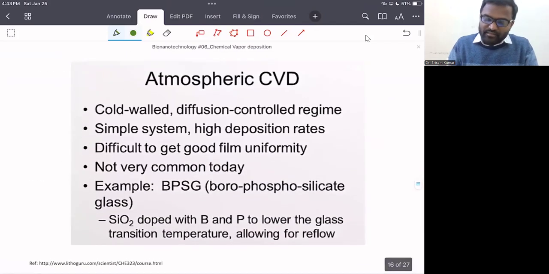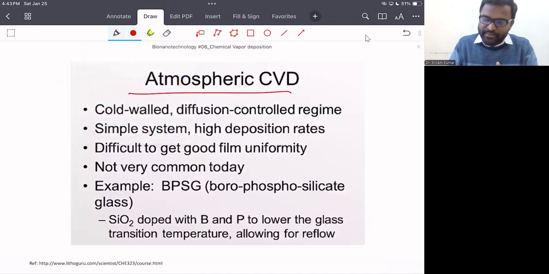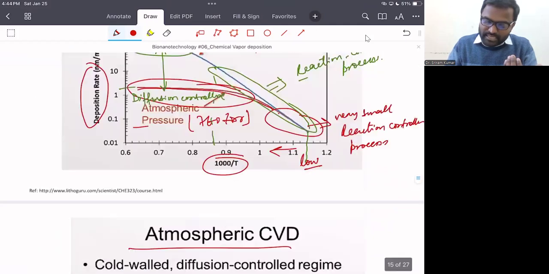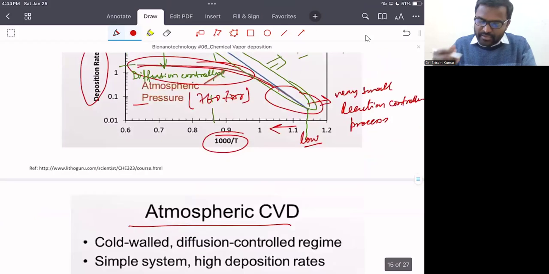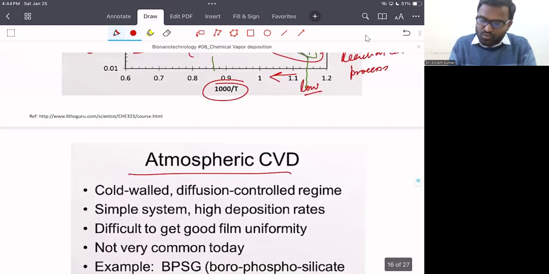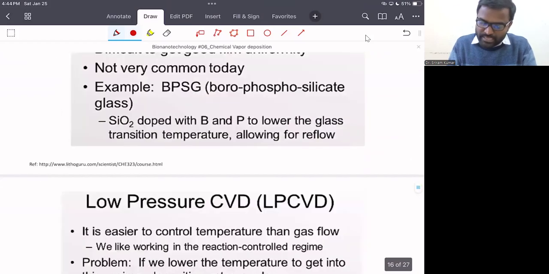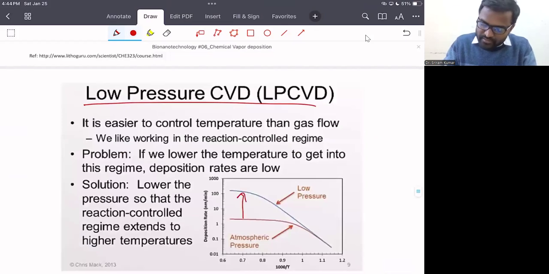So let's understand. Atmospheric CVD has a diffusion control process and a slower deposition rate as compared to low pressure CVD. In low pressure CVD, we have a higher deposition rate as compared to atmospheric pressure CVD.